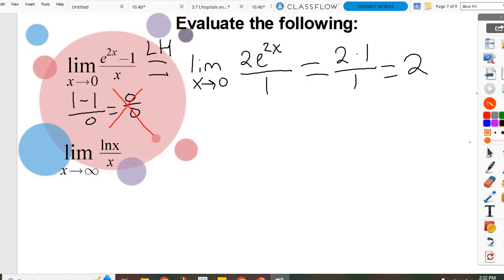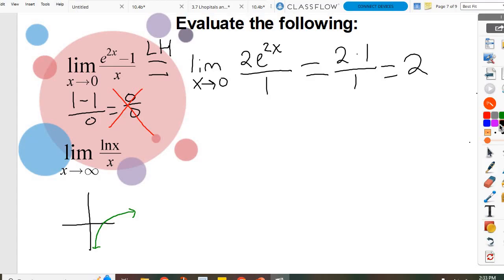What does our graph of the natural log of x look like? That would be what your exponential graph looks like. There you go. So it has a vertical asymptote, yes? And is it increasing? Yes. It's increasing slowly, agreed?